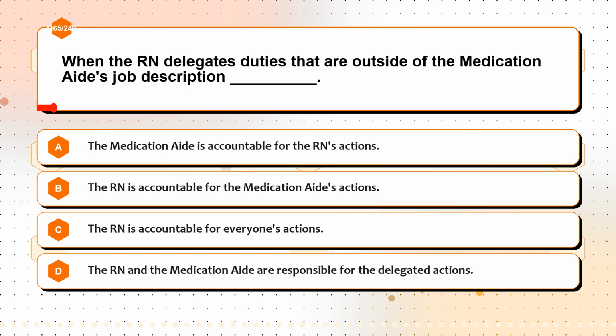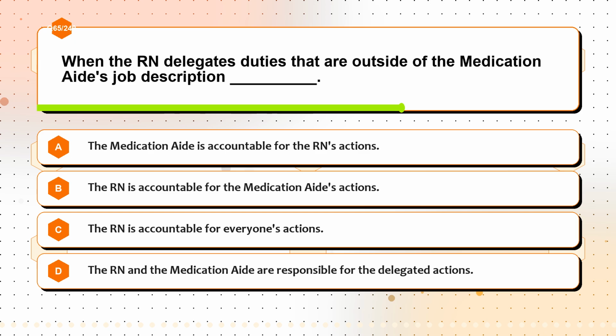Question 65. When the RN delegates duties that are outside of the medication aide's job description, blank. Here are the options. Option A, the medication aide is accountable for the RN's actions. Option B, the RN is accountable for the medication aide's actions.